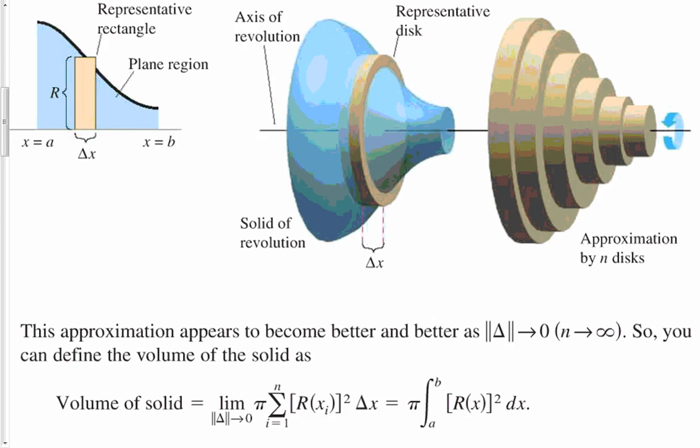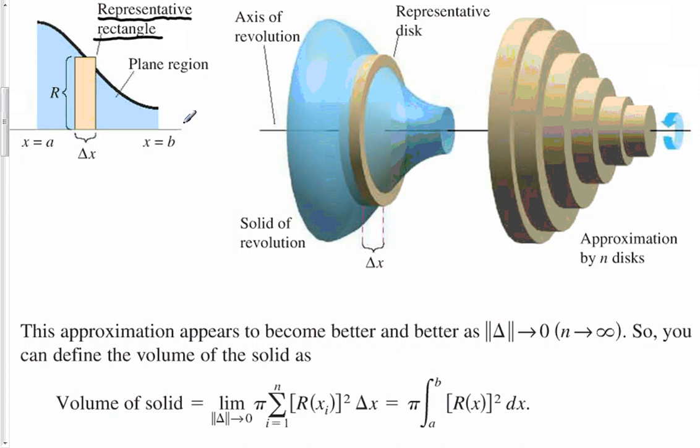Okay, so to calculate the volume, the region that we are going to revolve about the axis of revolution is going to be called our representative rectangle. So we have a representative rectangle that's going to be the representative of all the regions that we are going to revolve about our axis of symmetry.